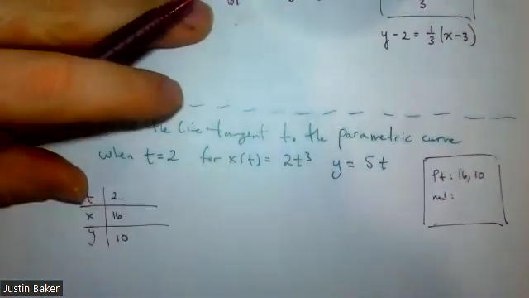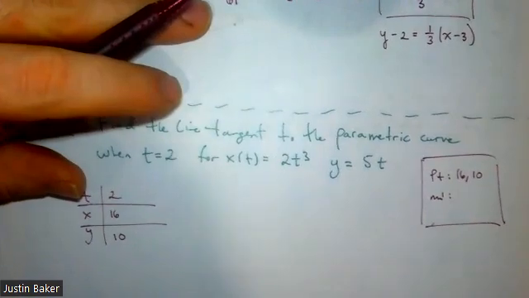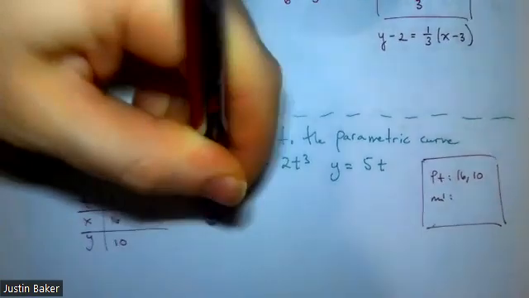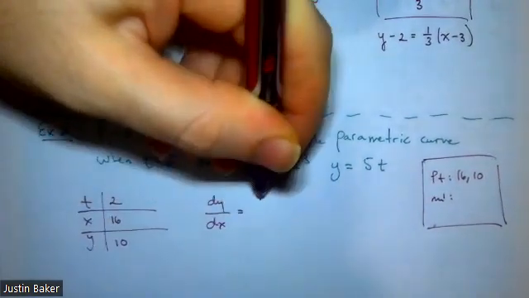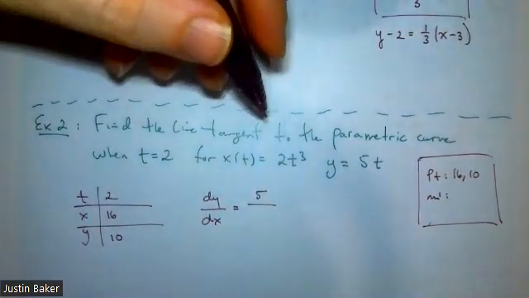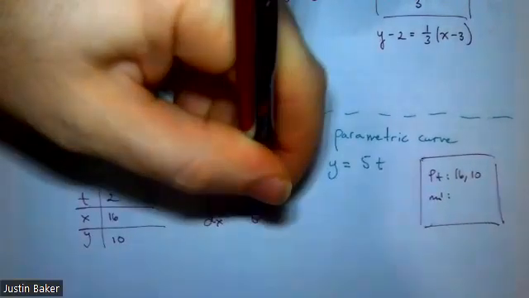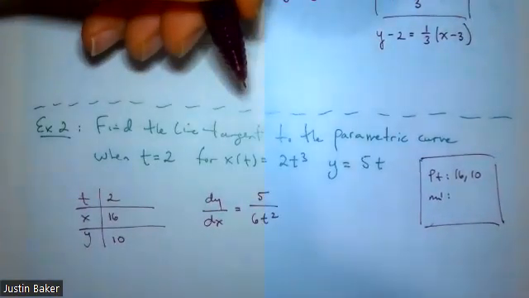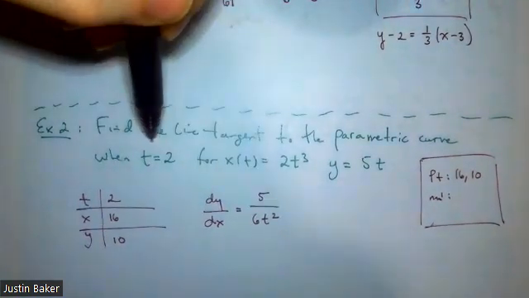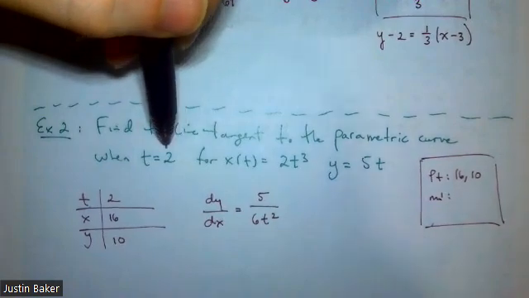And then we want to take the derivative. So dy/dx is equal to the derivative of my y term over the derivative of my x term. So that should be 6t squared over, and into this we're going to be plugging in the t value, and the t value in this case is 2.